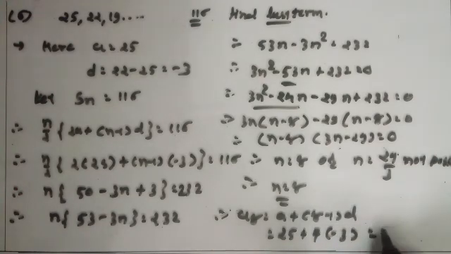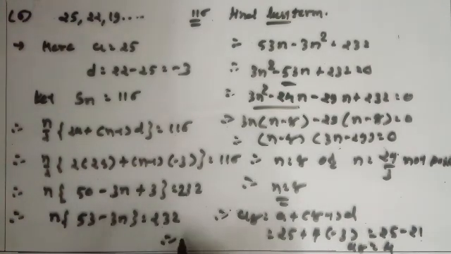So it is equal to 25 minus 21, which becomes 4. So the last term is equal to 4. A8, that is the last term, is 4. Okay. Therefore the last term L is equal to 4.